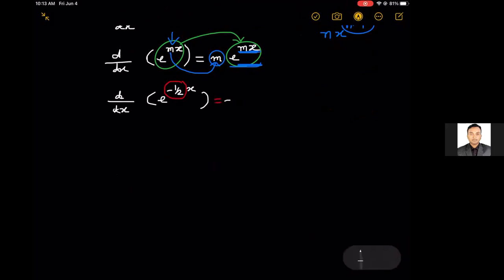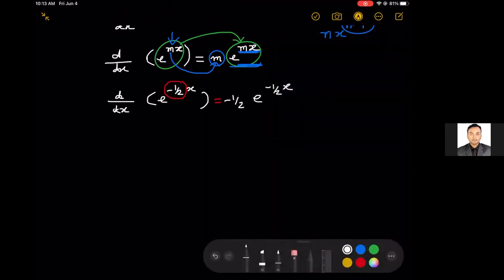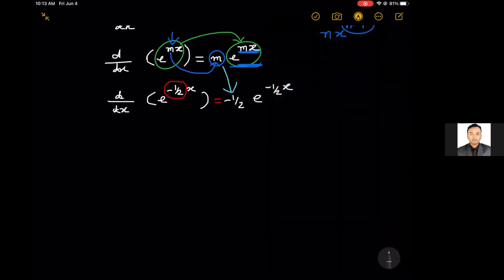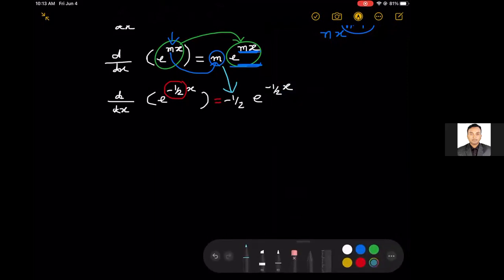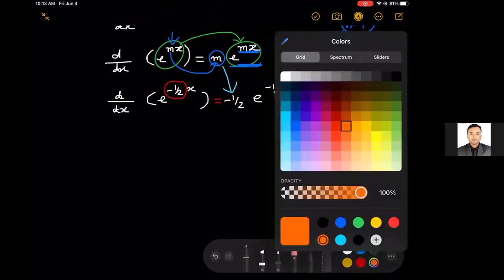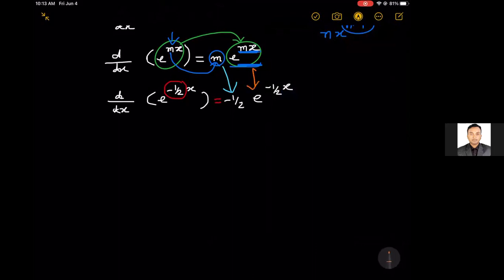So this is my -½, this is my m, and then whatever I have, I can just copy that, -½ x. And this is my entire function, which is e to the mx. Do you agree?